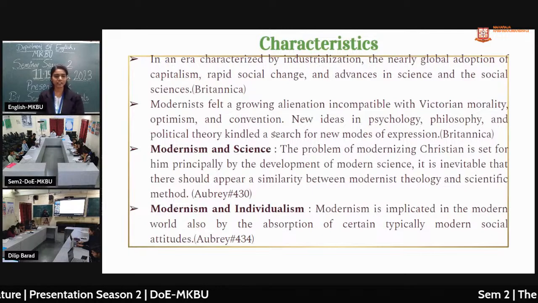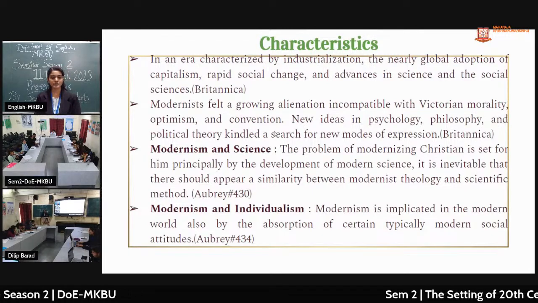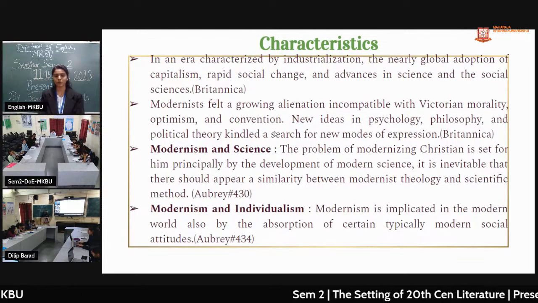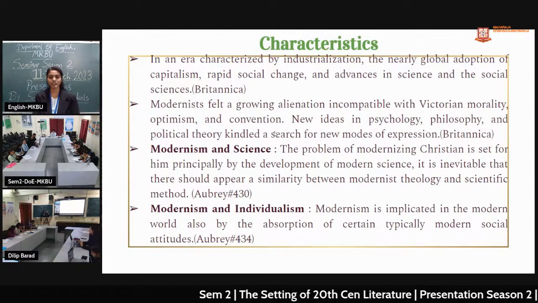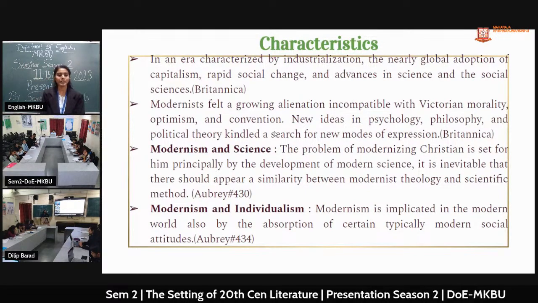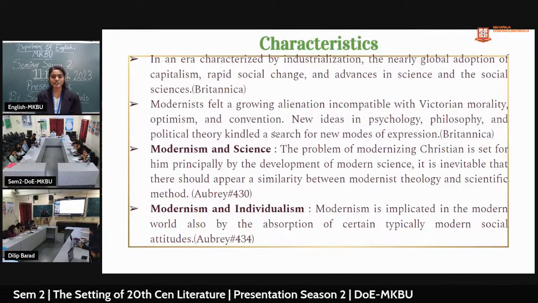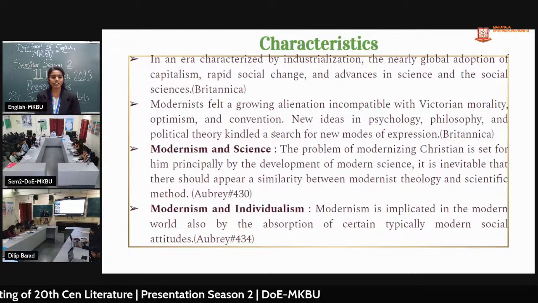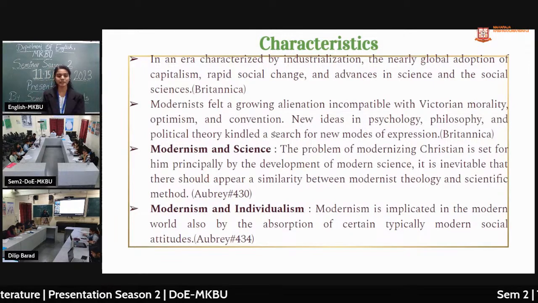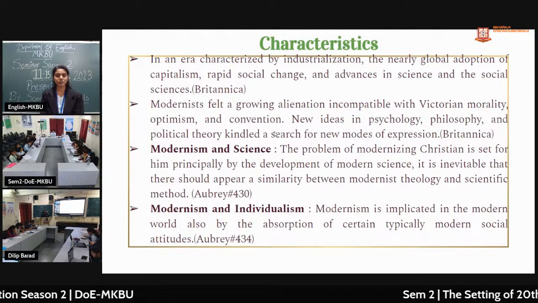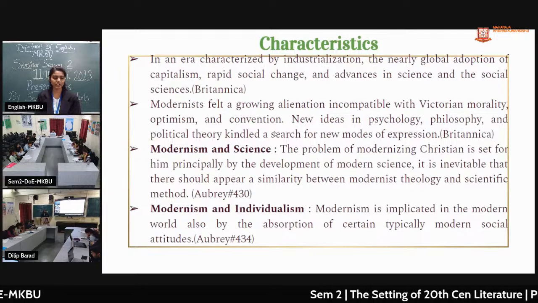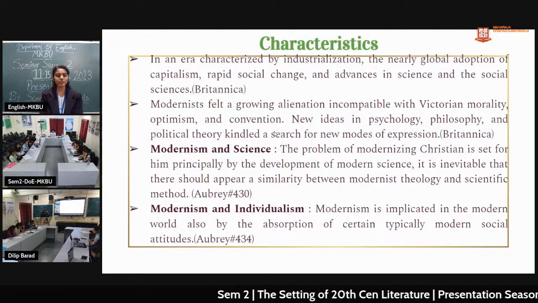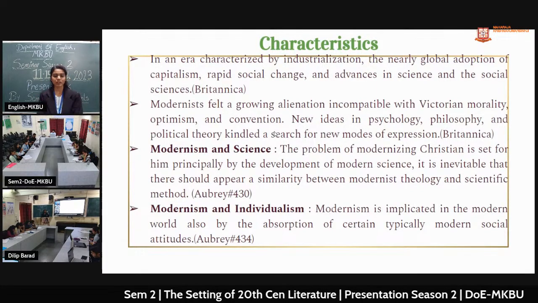First characteristic: modernism and science. The problem of modernizing a Christian is set for him principally by the development of modern science. It is inevitable that there should appear a similarity between modernist theology and scientific method. Modernism and individualism.